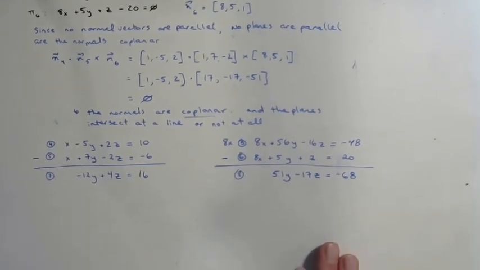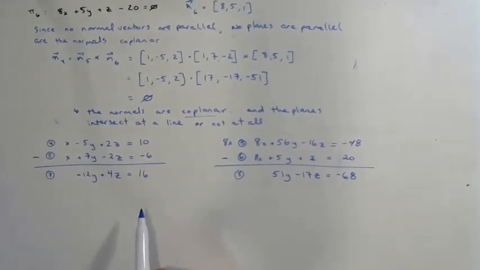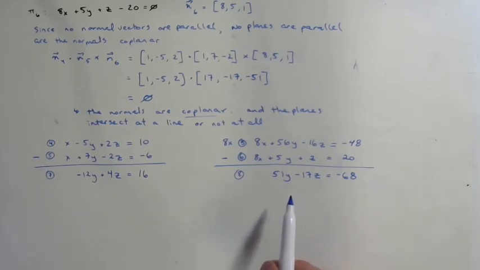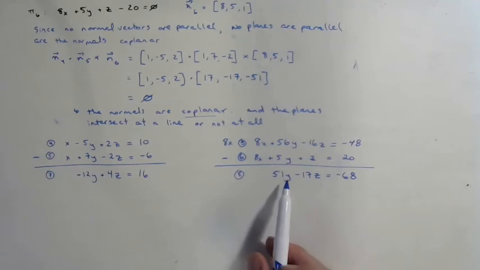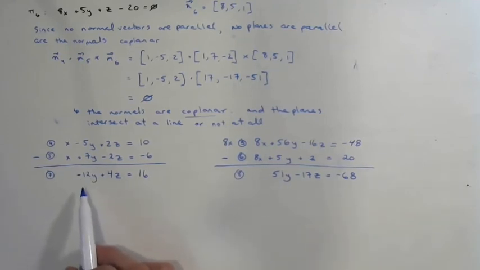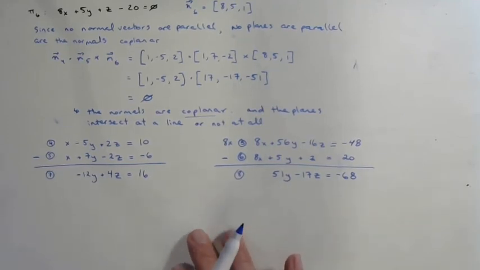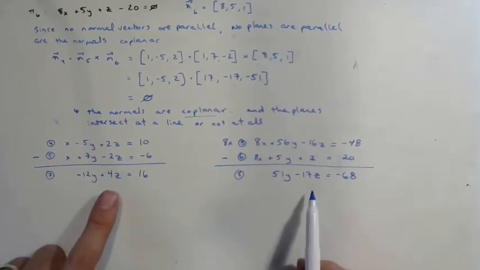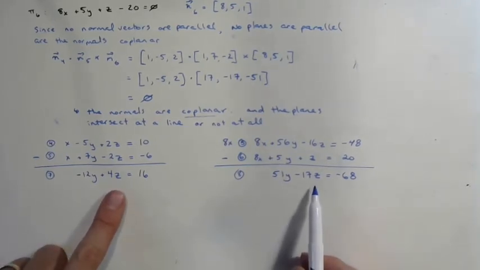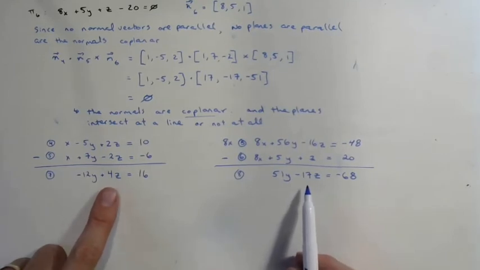So here we go. I'm going to set these up, and I'm going to be eliminating the y's, I guess. You'd figure out that I have to go all the way up to 204y and negative 204y in order to find a common multiple. If you wanted to deal with smaller numbers, you could eliminate the z's, find the lowest common multiple of 4 and 17.